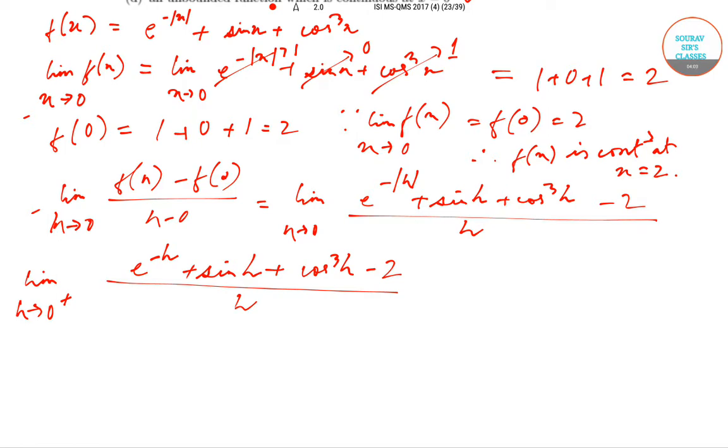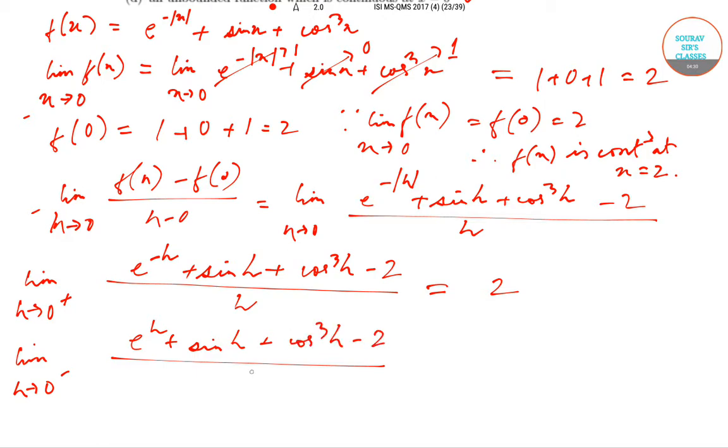When we find this out, upon calculation, this will come down to 2. Similarly, if we find the limit as h tends to 0 minus, it will come down to e to the power minus of mod of minus h, which is e to the power h, plus sine of h plus cos cube h minus 2 by minus h. This will come down to 0.